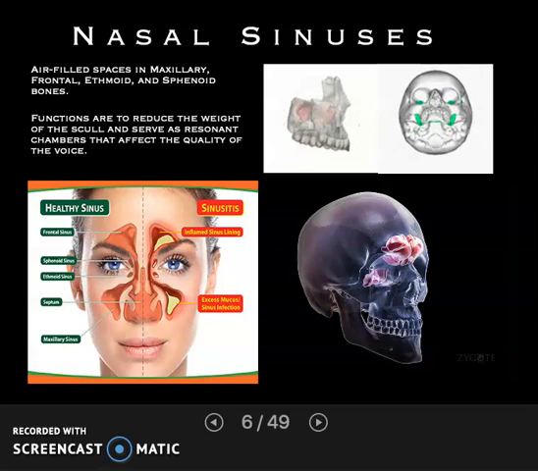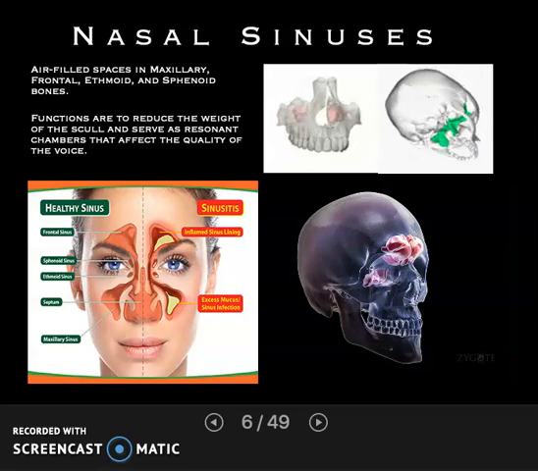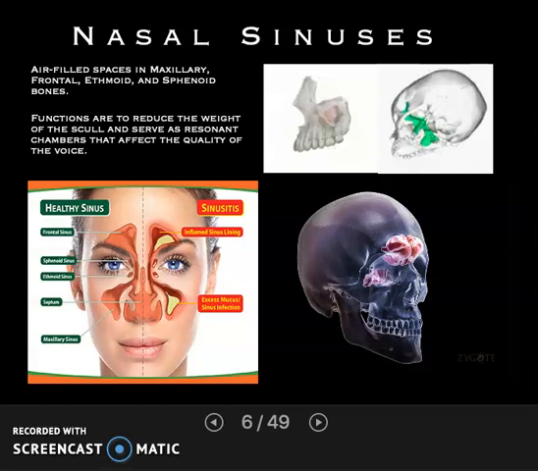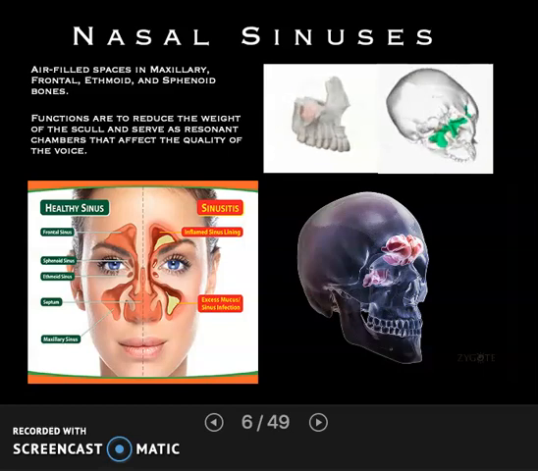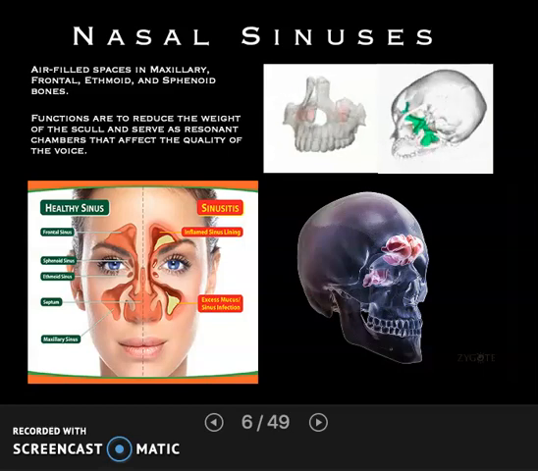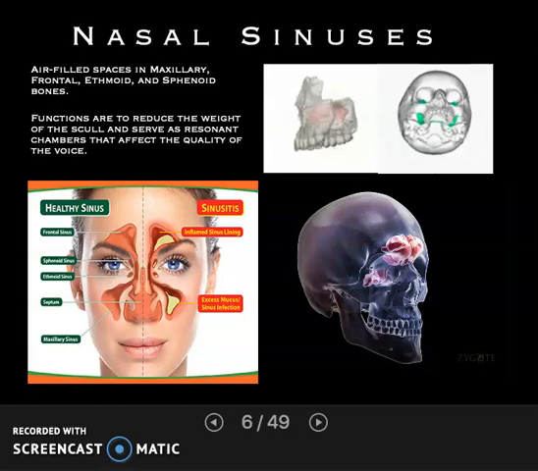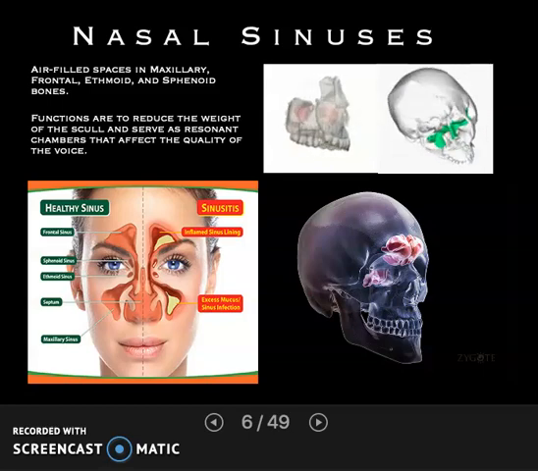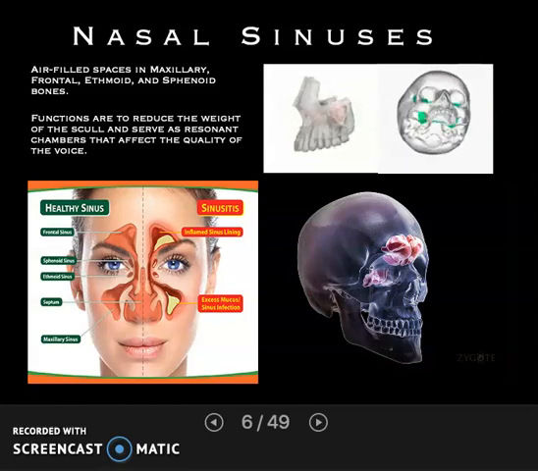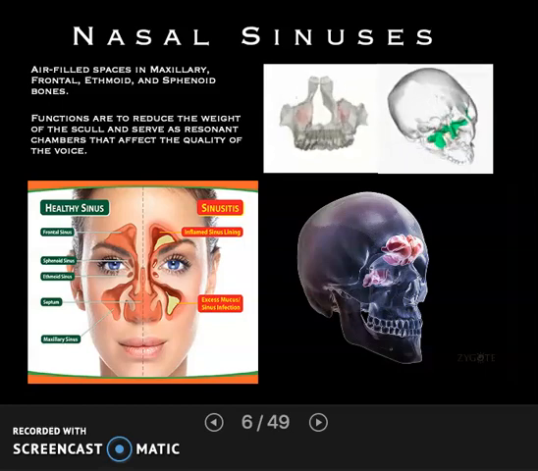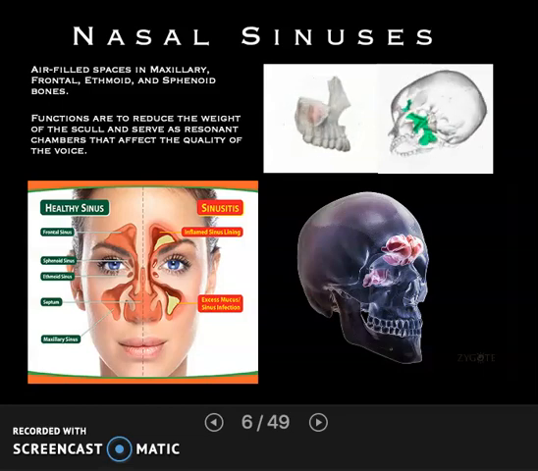They help your voice resonate. They help heat and moisten that air. I'm sure there are other adaptive roles that it has that I'm not aware of. But of course, one of the things it can do is really cause you some problems with a process called sinusitis. Sinusitis is inflammation in the sinuses, and it can give you all kinds of problems like headaches.